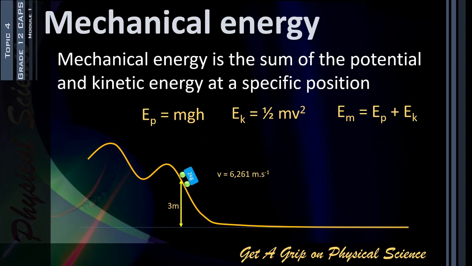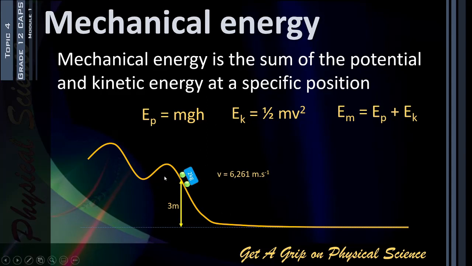Now if we ignore all types of friction, the trolley will convert its potential energy gradually into kinetic energy as it runs along this track. So we will be able to calculate the potential, kinetic and mechanical energy of this trolley at any specific point on this track if we know what the height of the trolley is and the velocity of this trolley.